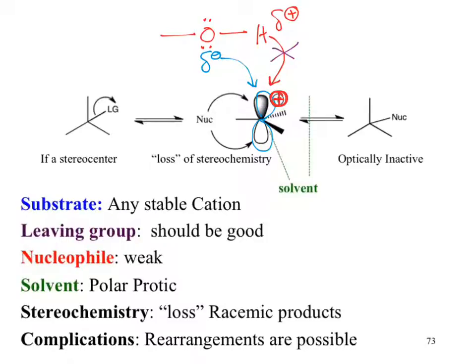When in doubt, go back to your atoms. Don't add any curved arrows. Just look at your bond and say, okay, which atom is more electronegative? Oxygen or hydrogen? Oxygen, which means the oxygen is partially negative, the hydrogen is partially positive.